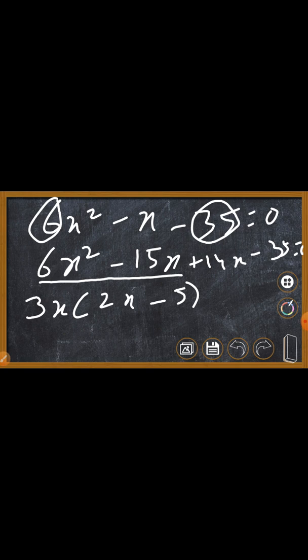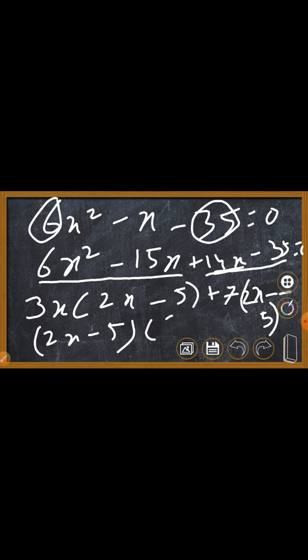Yes, from this thing you can take 7 common. 7 into x minus 5, sorry, there's no space to write the 5. Okay, so I'm writing it over here. 7 into 2x minus 5, because 7 2s are 14. Yes, so 2x minus 5 into 3x plus 7 is equal to 0.